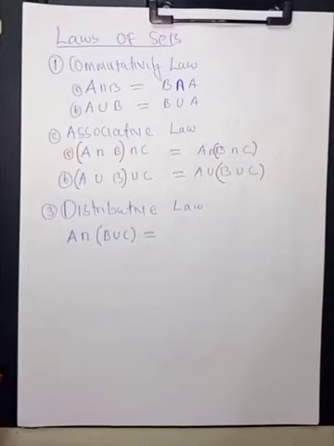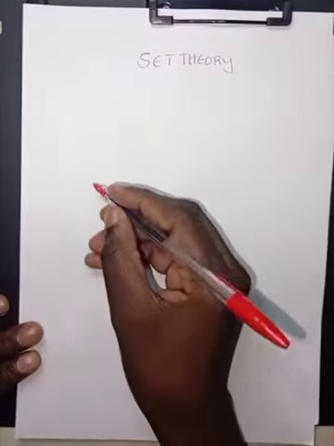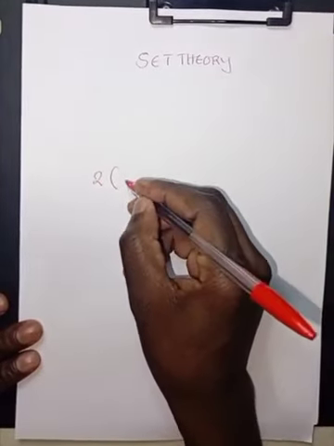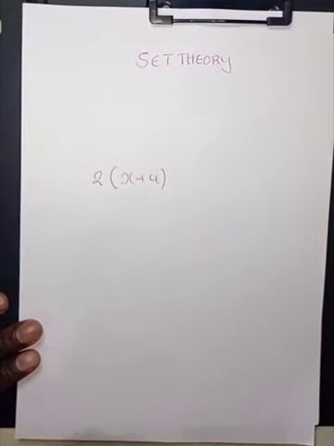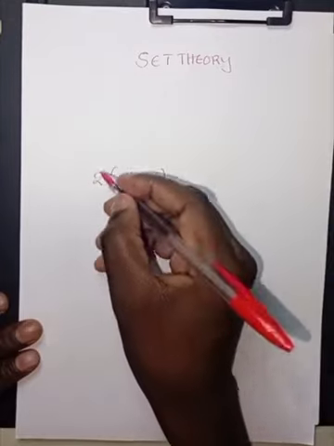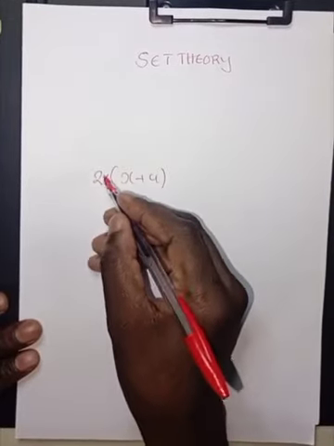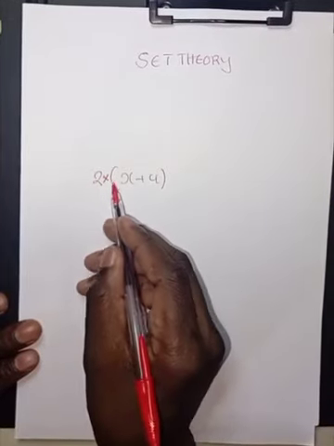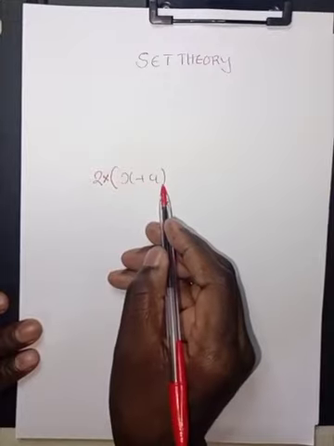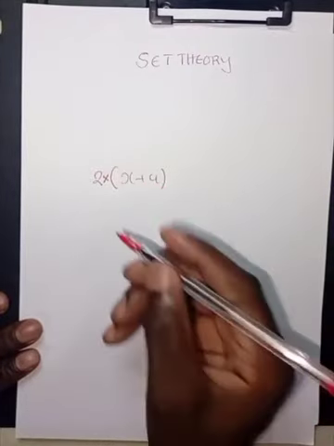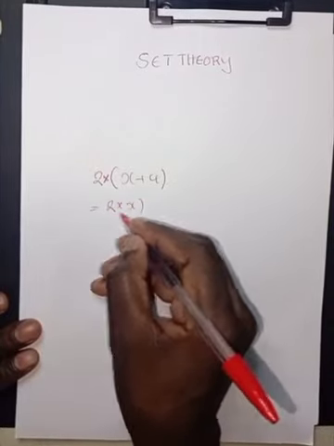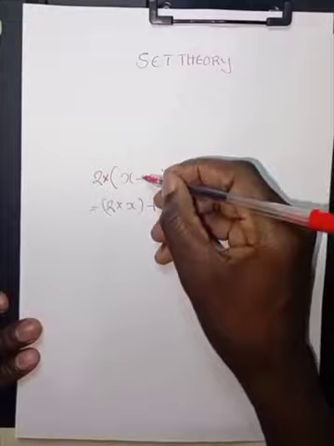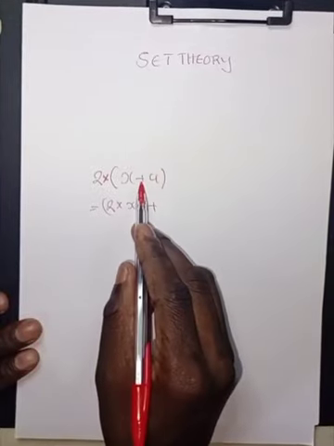Before we go any further, if I were to give you something like 2 multiplied by x plus 4, what it means is that with the multiplication sign, it's 2 times x and 2 times 4. This can be equal to 2 times x, then plus, the plus sign which is between the two numbers inside the brackets.